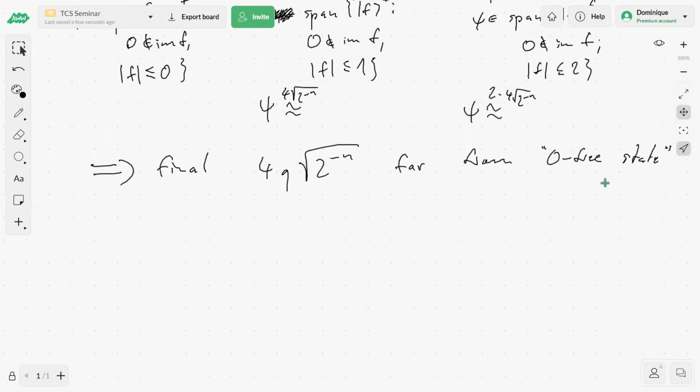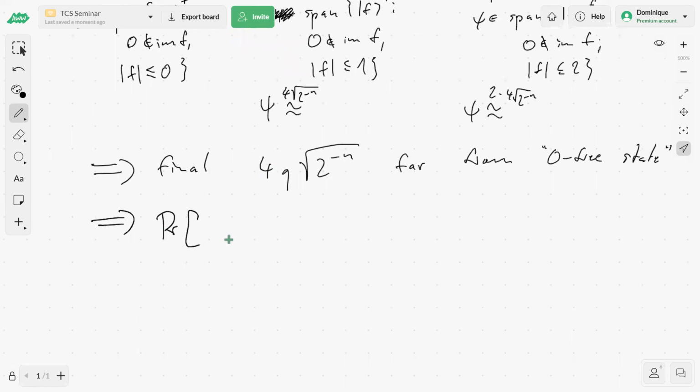And then it's easy to show that if you are this far from the state, the probability of measuring a zero is just the square of this. So the probability that h of x is 0 in the original game is smaller or equal to this thing squared, which is the same as 16q squared over 2 to the n.